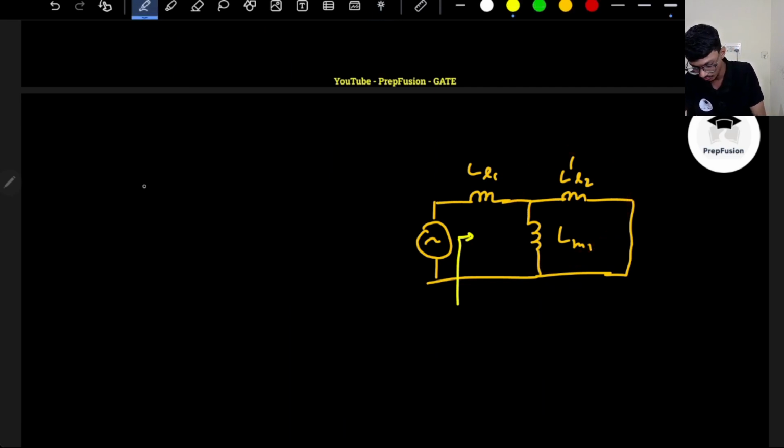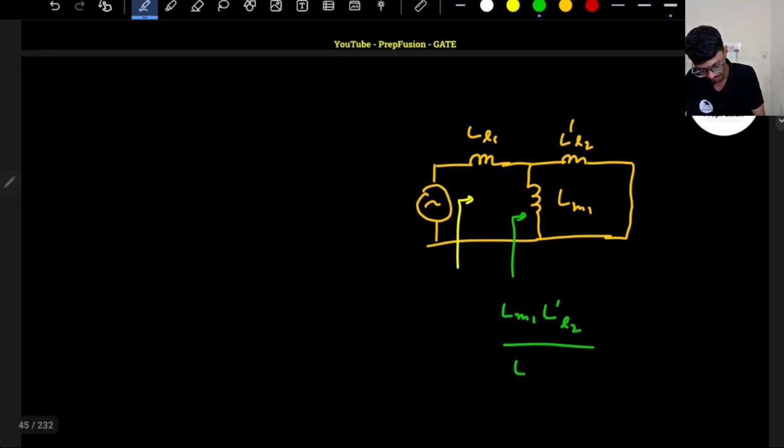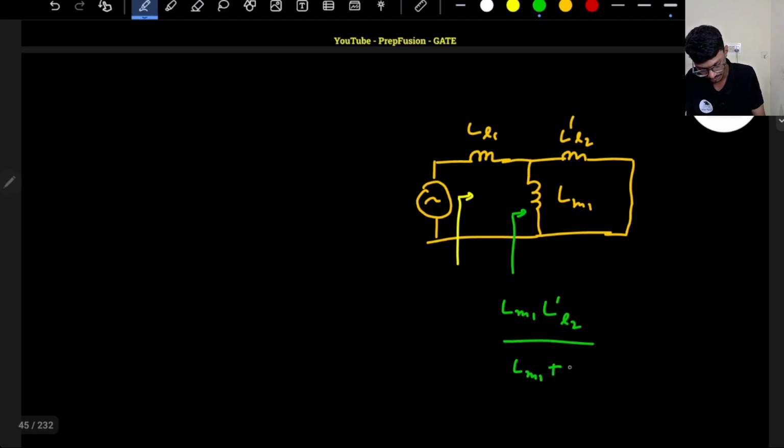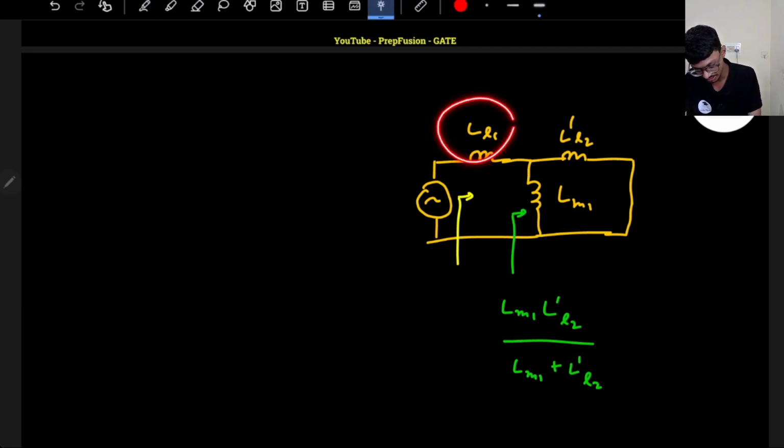So the value is LM1 into L dash L2 divided by LM1 plus L dash L2, and this one is in series with LL1. So overall my effective inductance will be LL1 plus this.